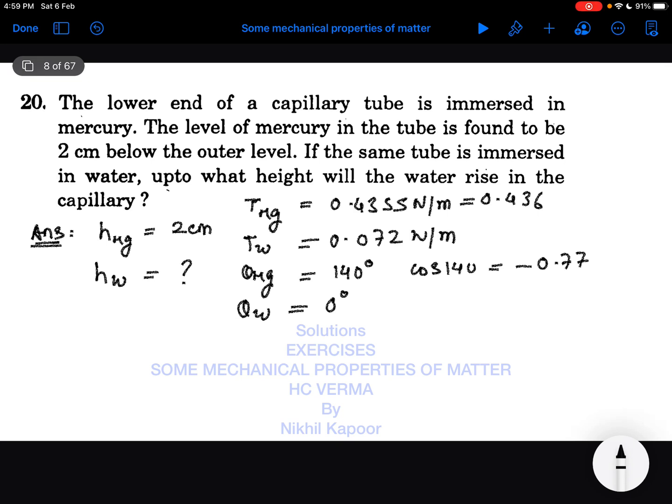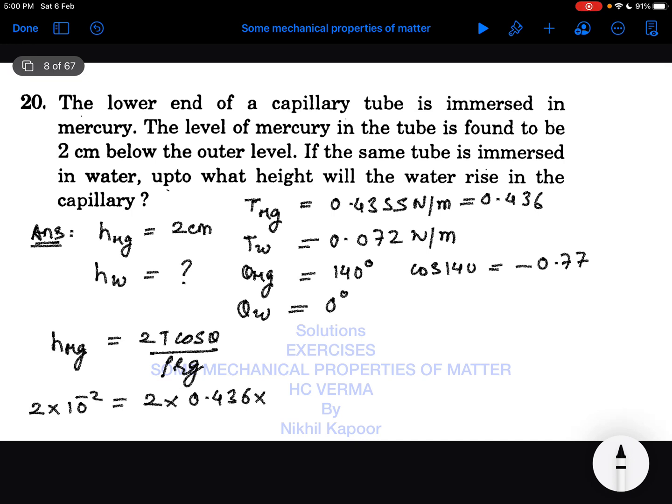So first of all, using the height of mercury, we can find the radius of the capillary tube, and then we can find the height of water in the same tube. The height of fall of mercury is given by 2T cos theta upon rho r g. This is 2 centimeters, so it will be 2 into 10 raised to minus 2, equals 2 into surface tension 0.436 into cos 140, which is 0.77, neglecting the minus sign since the minus on both sides cancels out.